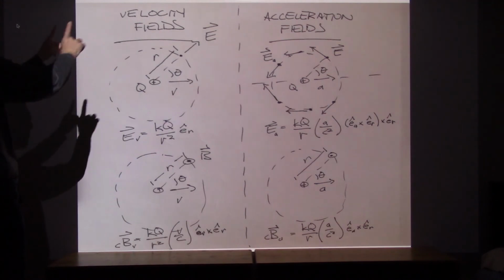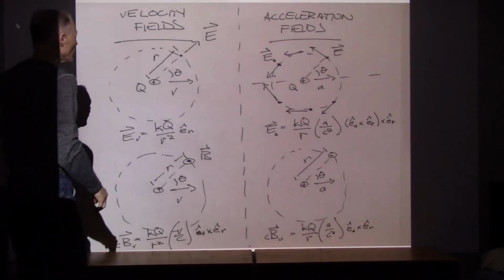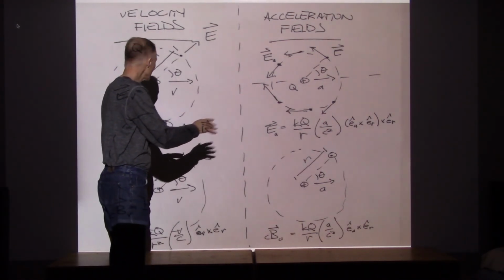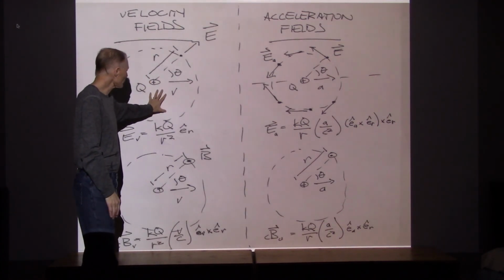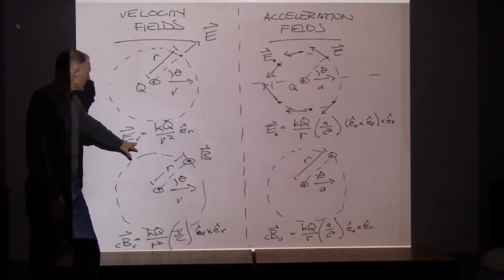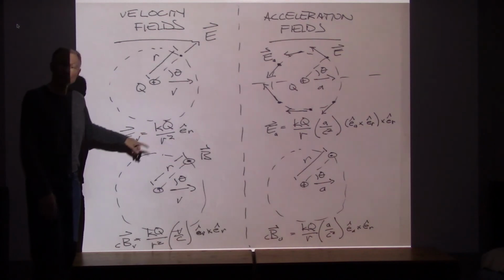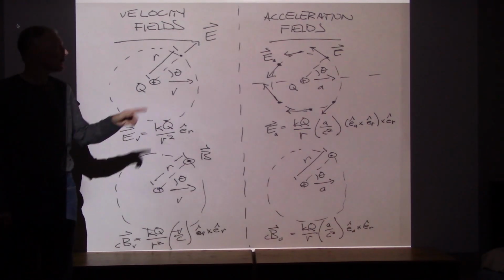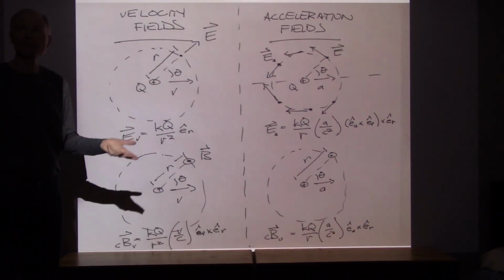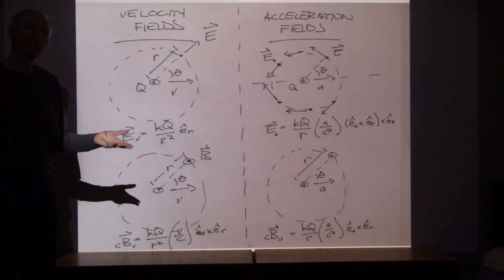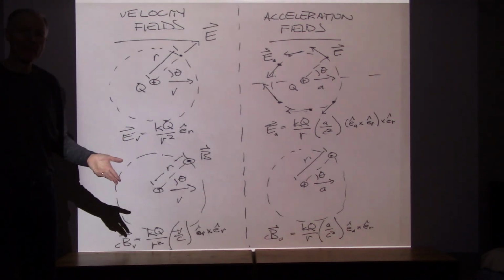But when we carry out the calculations, we get one portion of the field that specifically depends on how fast the charge was moving at a given instant, and another portion that depends exclusively on what the acceleration was at that instant.